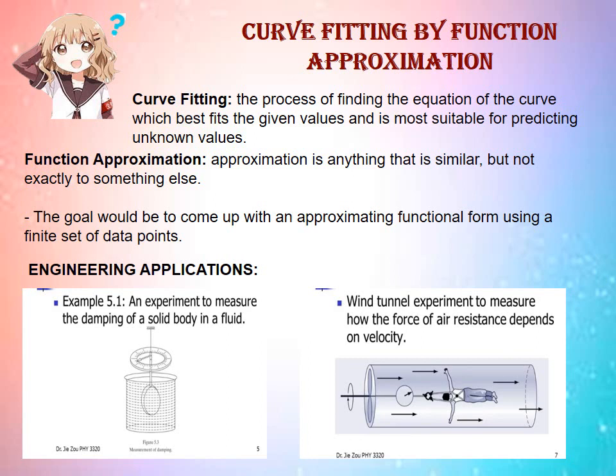So the goal would be to come up with an approximating functional form using a finite set of data points. As you can see, there are two pictures. These are examples of engineering applications.